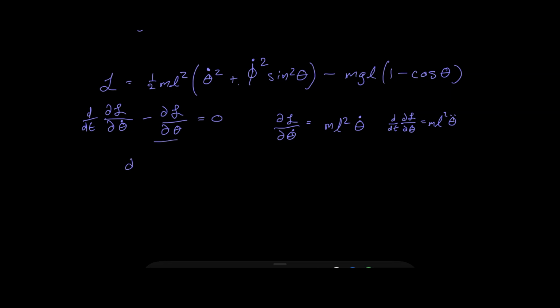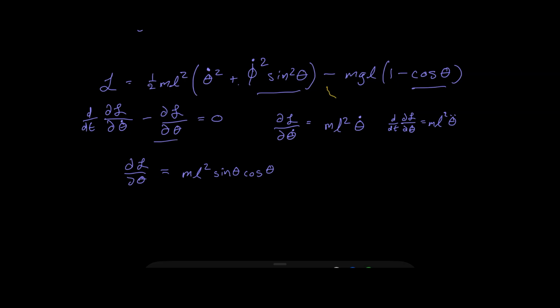Okay, now we need to do this part. Partial L with respect to theta. And so we've got a theta here and a theta here. Okay, so the first one we're going to get 2 times a half, so ml squared sine theta cosine theta, because of the chain rule, right? Then minus a minus is a plus, but then you get another minus.